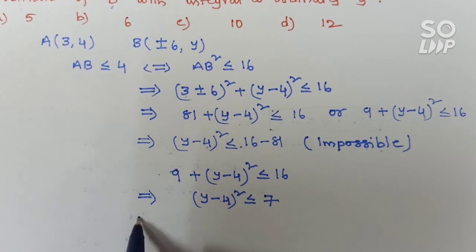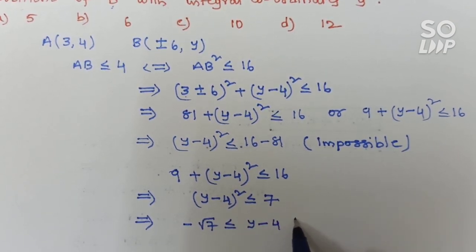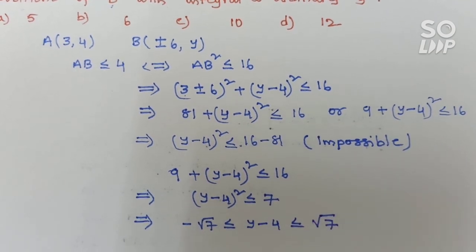So we can write that minus root 7 is less than or equal to y minus 4, which is less than or equal to root 7.